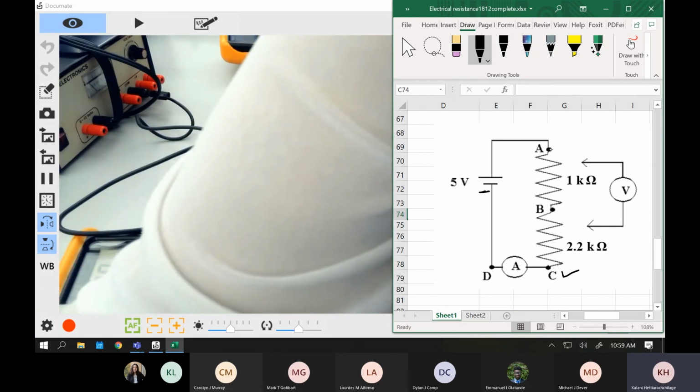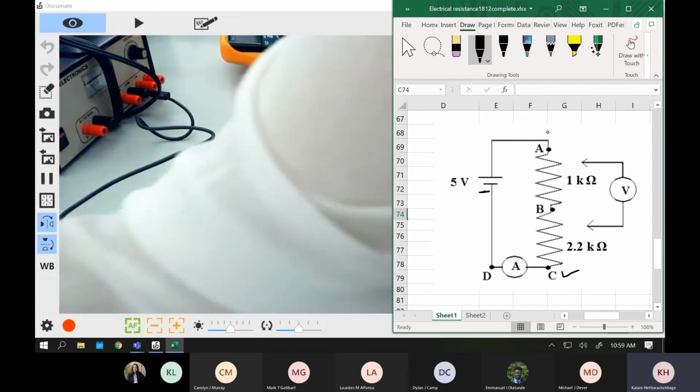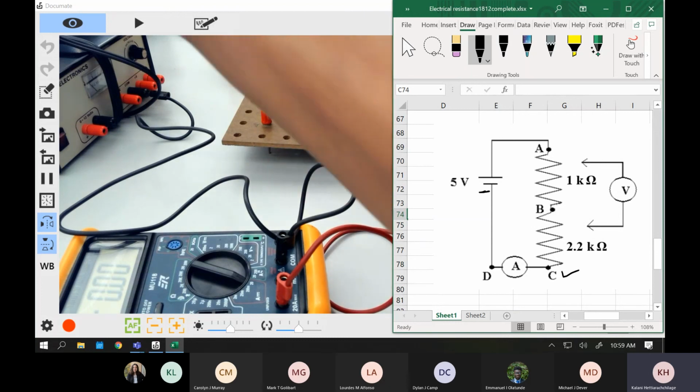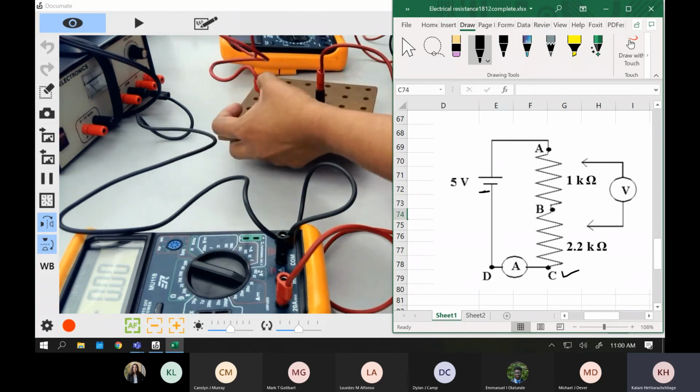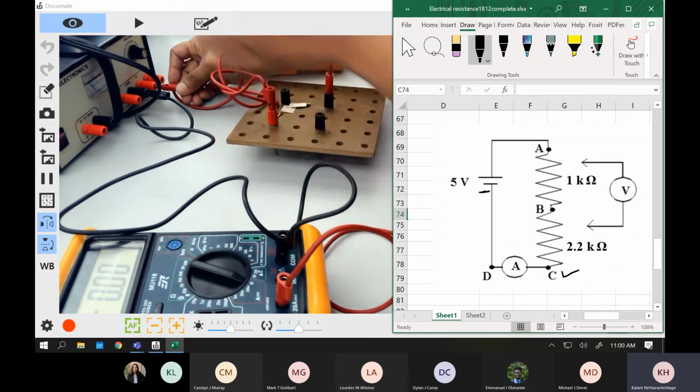Then you take the A ending, the red end of the resistor, and connect it to the positive terminal. You can take the other red one you have left. Take that. Now connect the red ending of the 1 kilo ohm to the plus 5 on your power supply.